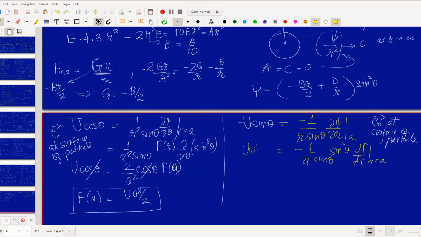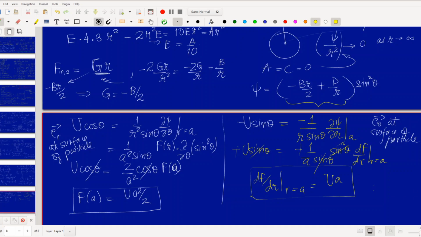So this is minus u sine theta. So sine theta cancels, and dF by dr at r equals a is equal to u times a.